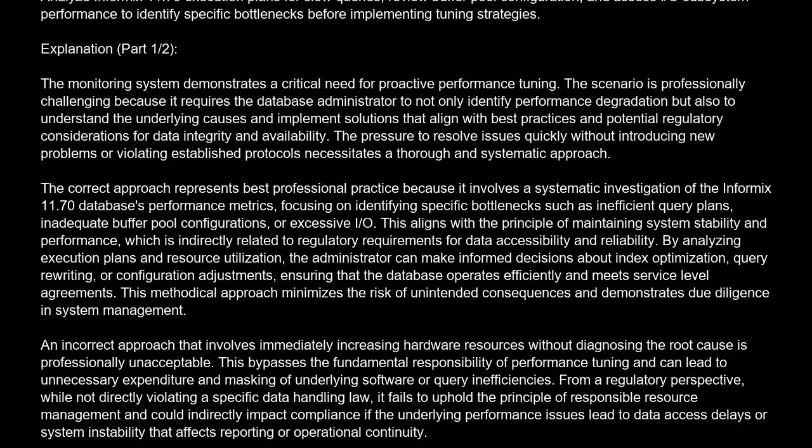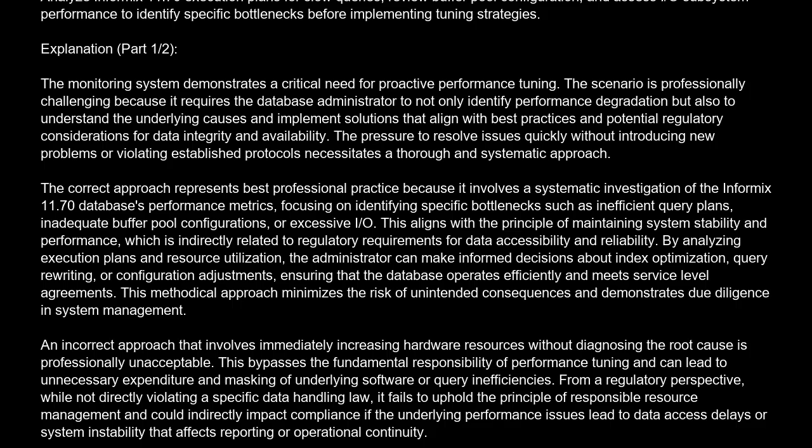The correct approach represents best professional practice because it involves a systematic investigation of the Informix 1170 database's performance metrics, focusing on identifying specific bottlenecks such as inefficient query plans, inadequate buffer pool configurations, or excessive I/O. This aligns with the principle of maintaining system stability and performance, which is indirectly related to regulatory requirements for data accessibility and reliability.